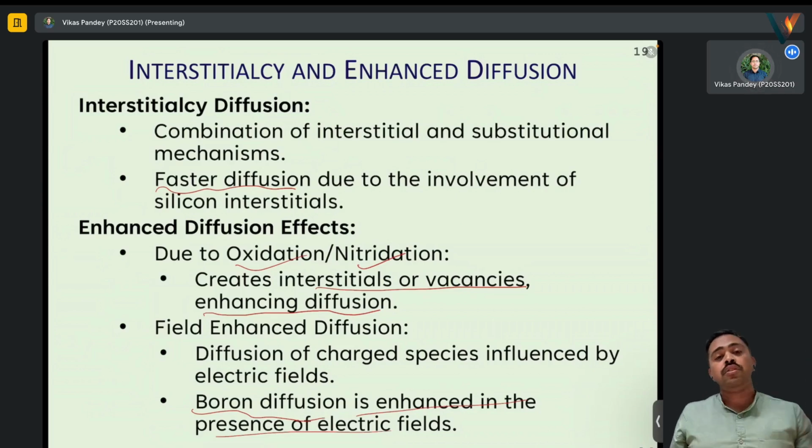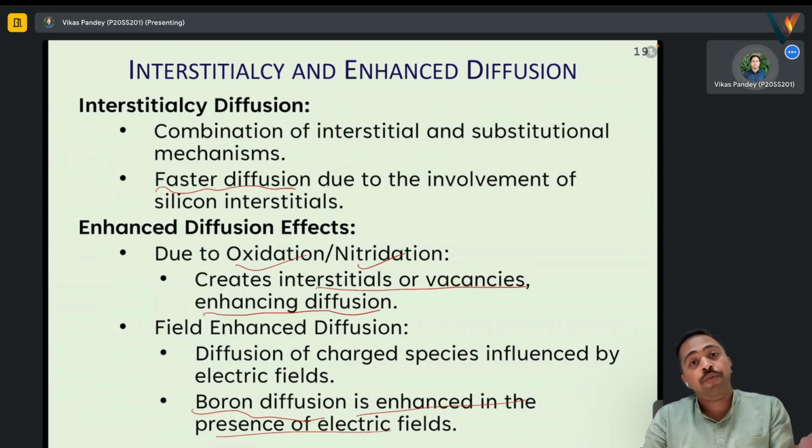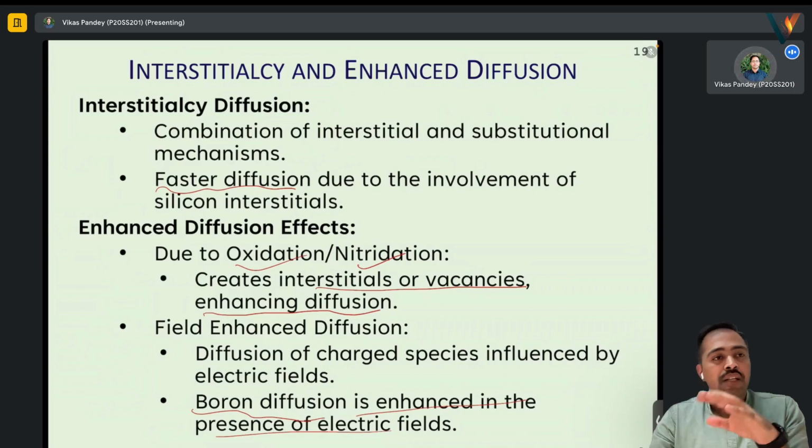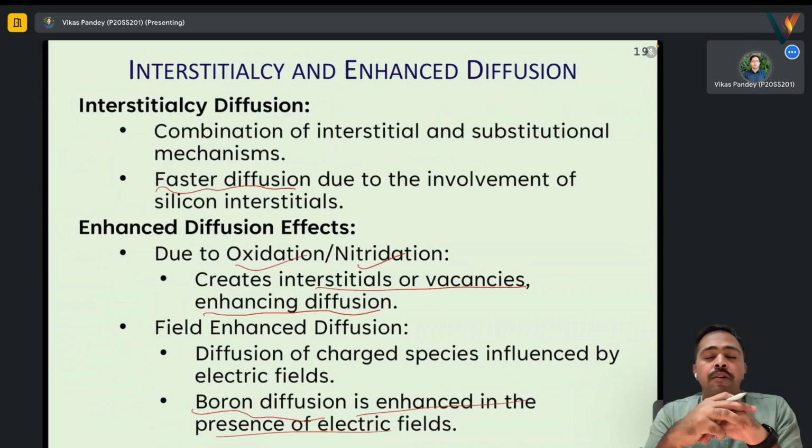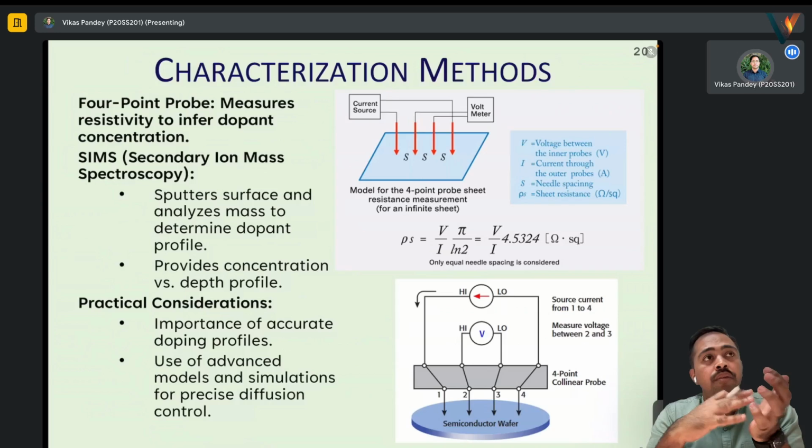Then once we have done this diffusion or doping, we again, just like before, check the cleanliness, or check that there are no particles and no extra metals present on the surface.